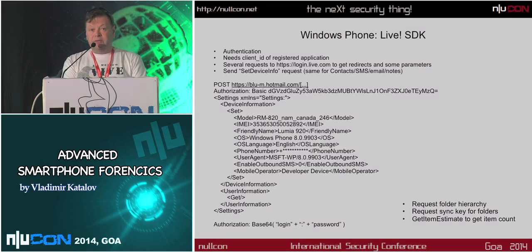First, we request the folder hierarchy. All the data is stored on the Microsoft servers in folders. And then we should retrieve the sync keys for all those folders. And for every folder, we send a command to retrieve the number of items.